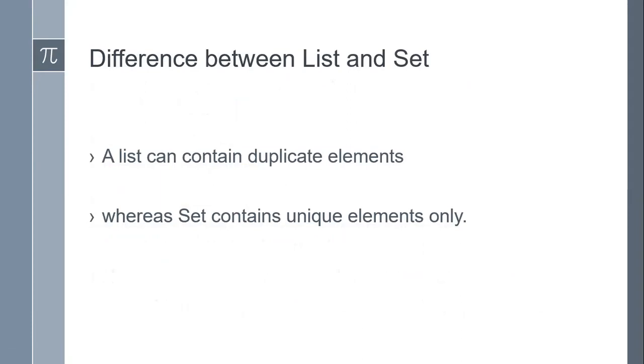Let us understand a few differences between List and Set interfaces. In a List, duplicate elements are allowed, but a Set won't allow duplicate elements. It allows only unique elements.